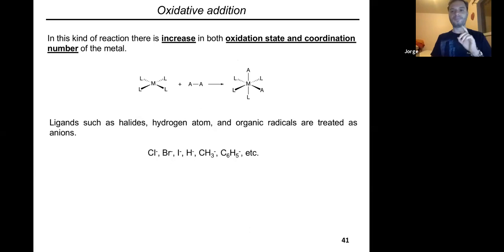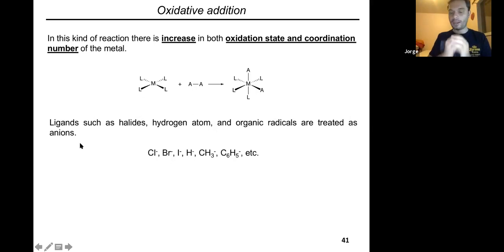Okay? Always pay attention with that. Okay? And when you have oxidative addition, both atoms from the reagent are going to be inserted in the coordination sphere. That's one of the conditions for the oxidative addition. Ligands such as halides, hydrogen atom, and organic radicals are treated as anions.